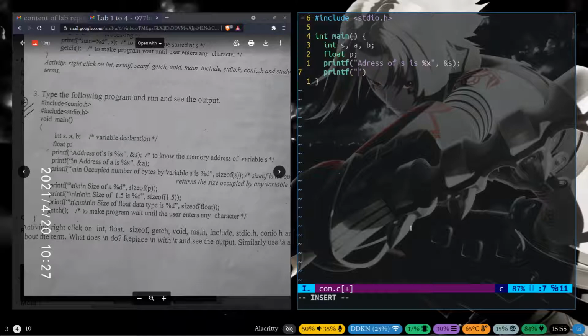Address of s is %x, s. Address of a is %x, a. There's a spelling error. Address should be: the address of a is %x, a.